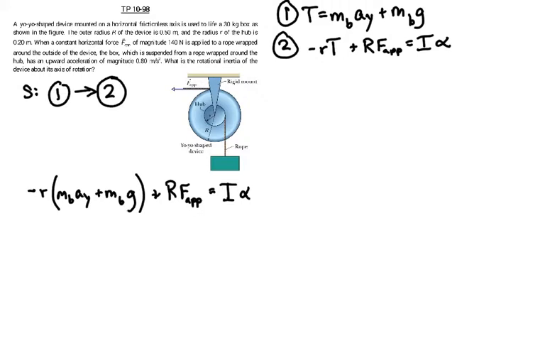Now, we do know the radius of our inner hub, we know the mass of our block, we know the acceleration of our block going up, we know the acceleration due to gravity, we know the radius of our outer hub, we know the applied force. We don't know the rotational inertia of the pulley, and we weren't given the angular acceleration of the pulley.